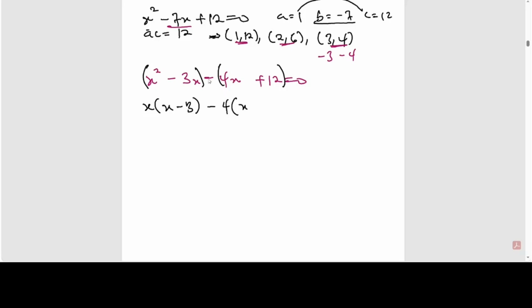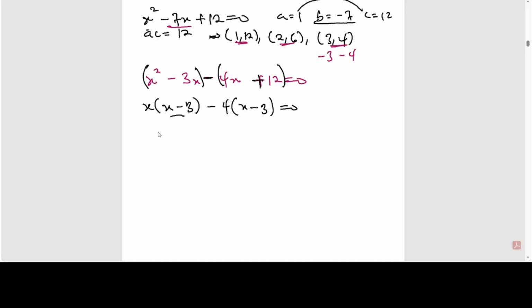And then here again, negative times positive will give us negative. And then 4 goes into 12 3 times. Once again, you see that the terms in bracket are both x minus 3.